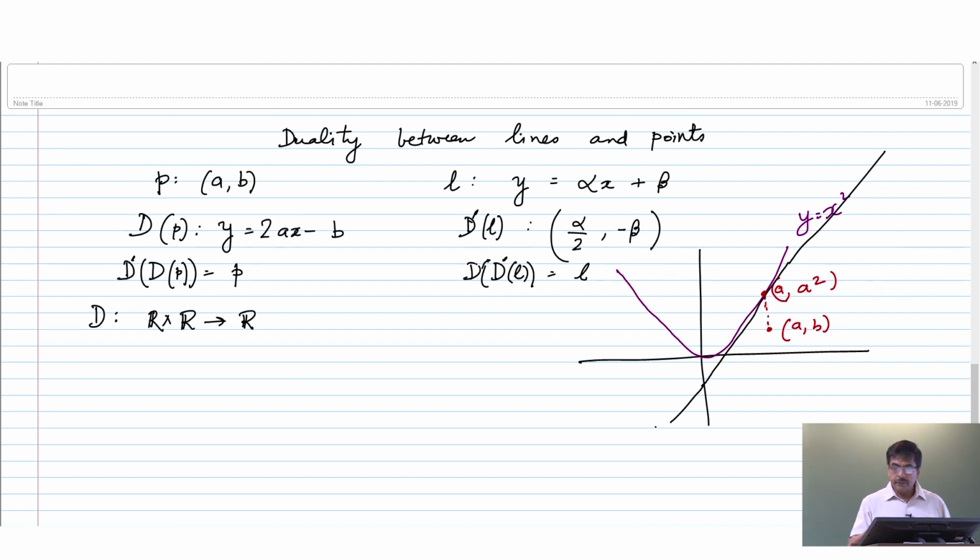Then this point is actually mapped to a line, which is parallel to this tangent line, and above the parabola. So it has the same slope, and so this will be D of a, b.